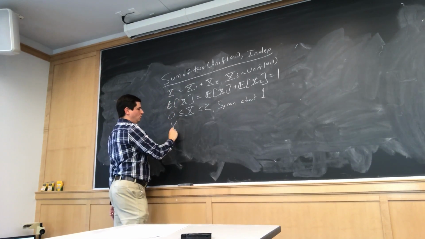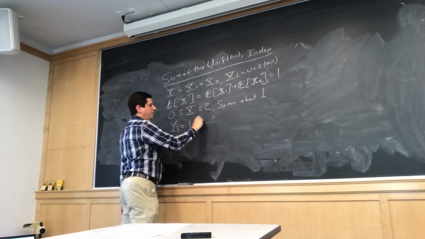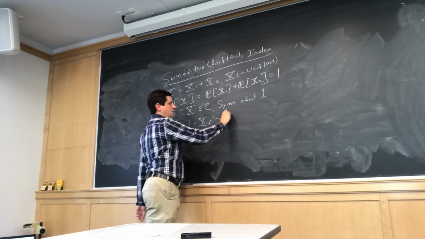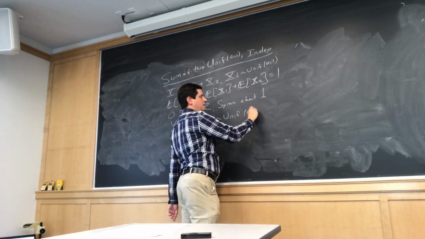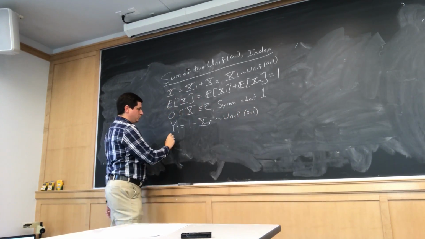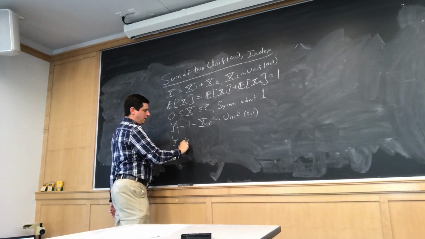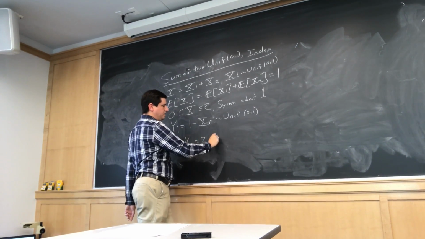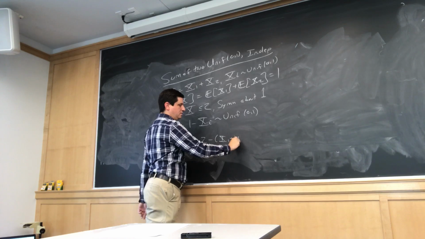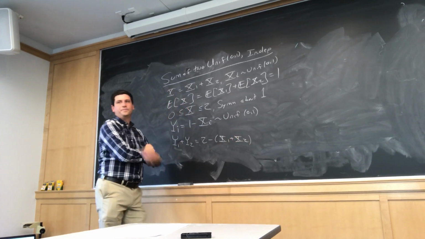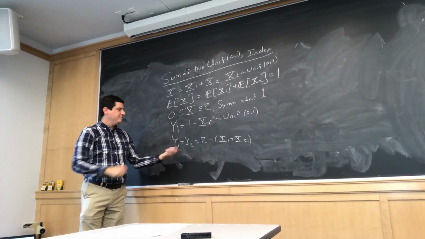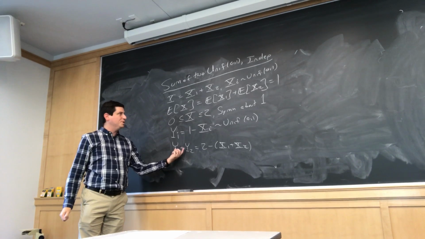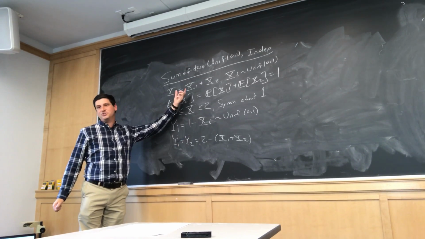Let Yi be 1 minus Xi, and that's also uniform 0, 1. So if you look at Y1 plus Y2, this is equal to 2 minus X1 plus X2. I can't tell the difference between Y1 plus Y2 and X1 plus X2.